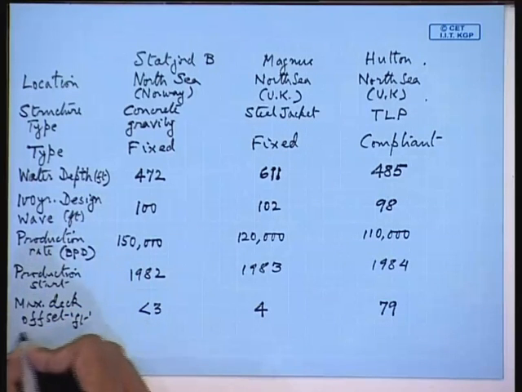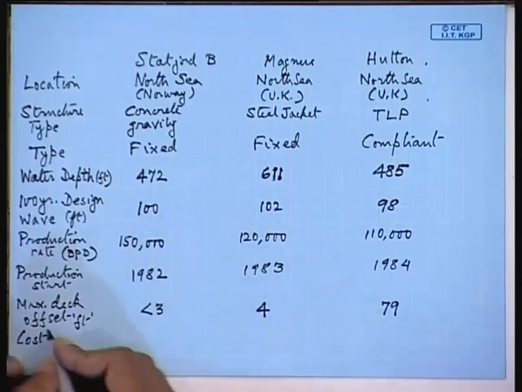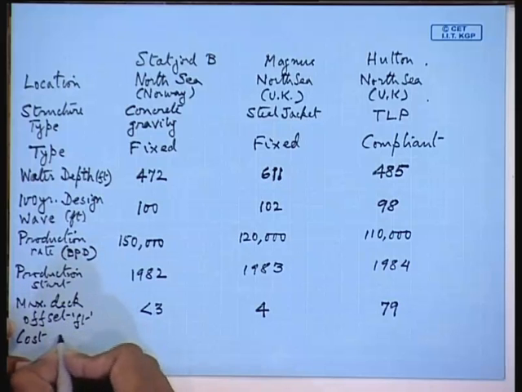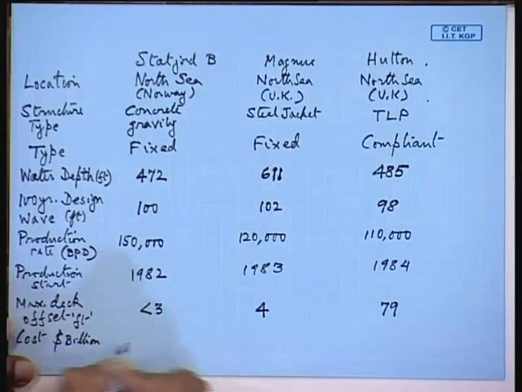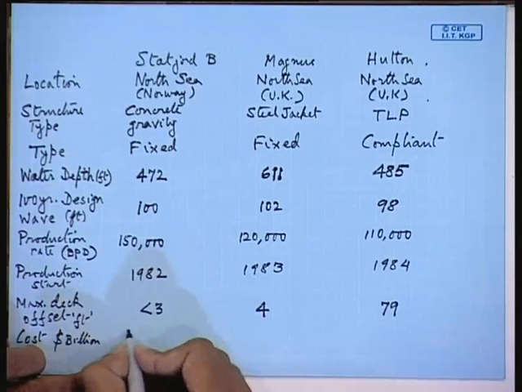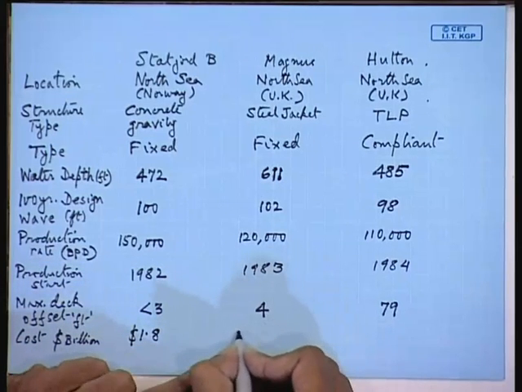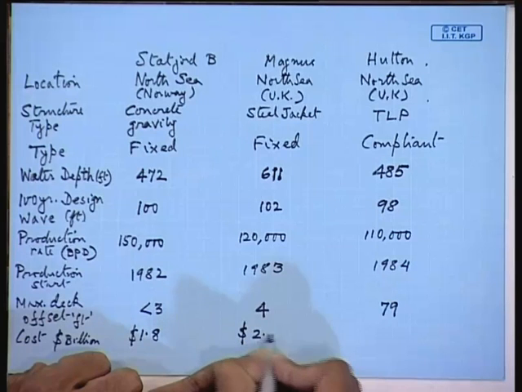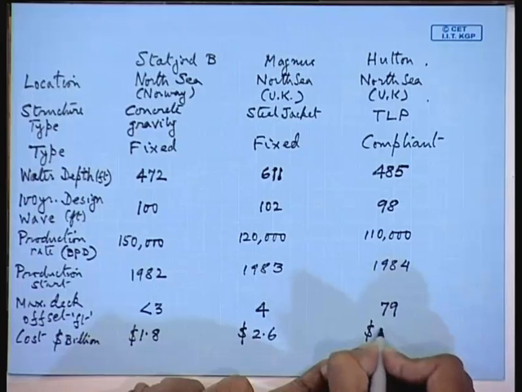Cost in billions of dollars at 1982 price. Now this is the comparison, this is coming to 1.8. 1.8 is gravity. Jacket cost is the highest, 2.6, and TLP is the minimum.